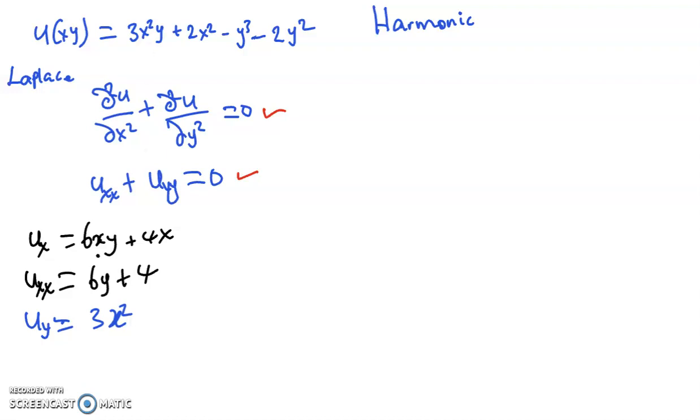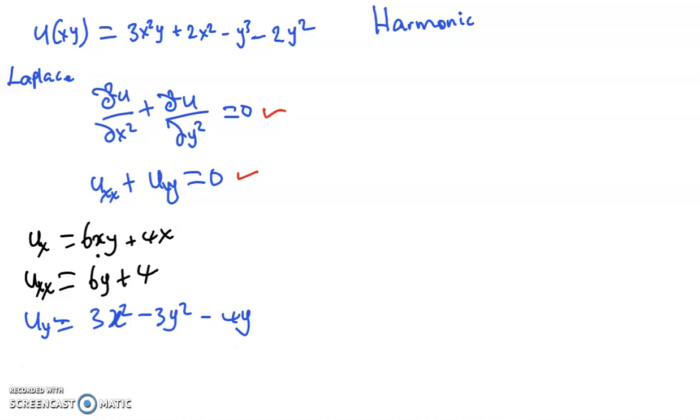So we simply have 3x squared here, minus 3y squared. We cannot differentiate 2x squared because there is no y value. But we will differentiate the y cubed and we get minus 3y squared. And then the final one, minus 2y squared, will give us minus 4y.